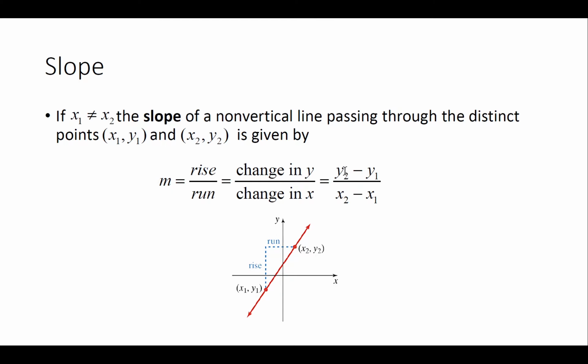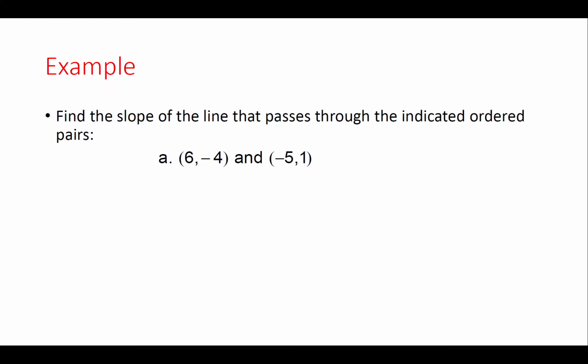You can also replace y2 by y1, but you also have to replace x2 by x1. It's just the difference of the y coordinates on the top over the difference of the x coordinates on the bottom. That's the slope. So let's see one example here.